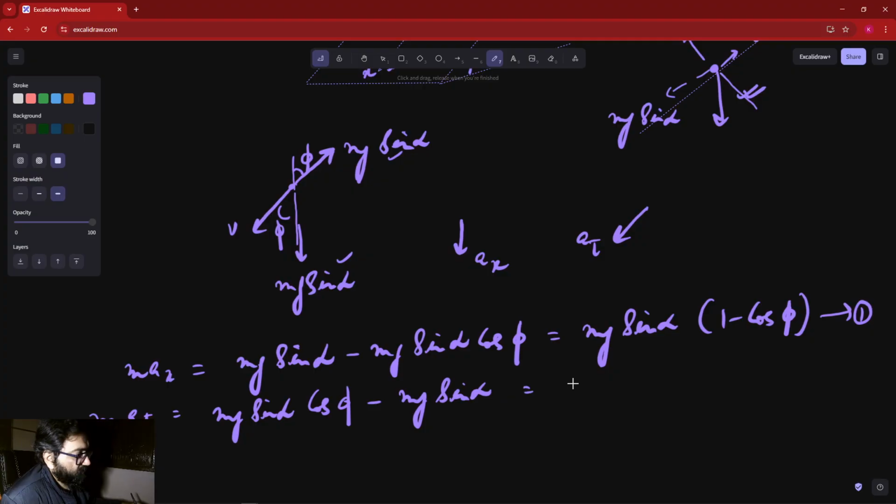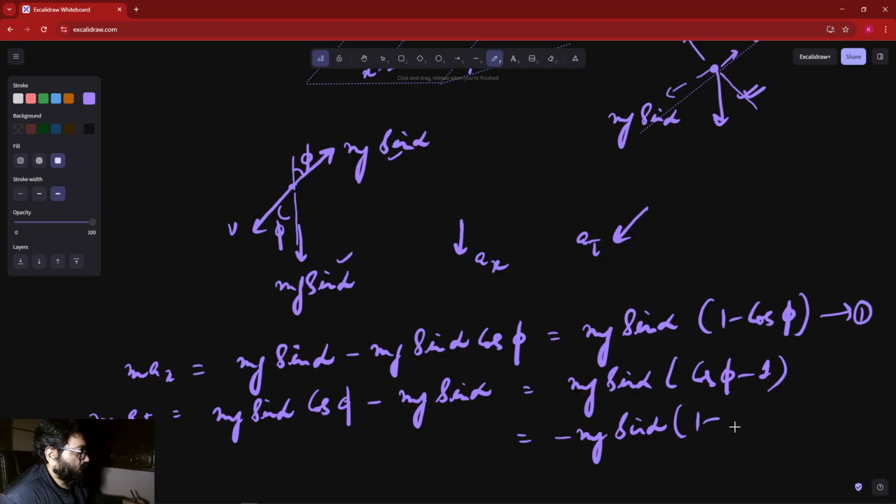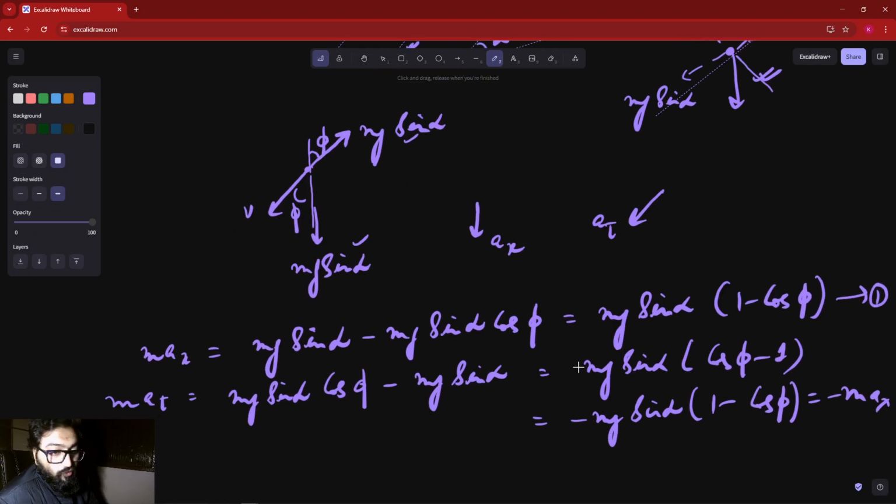So this effectively can be written as mg sine of alpha into cos of phi minus 1, okay. This is nothing else but minus of this, right? This can be written as minus mg sine of alpha into 1 minus cos of phi. This is nothing else but minus m ax. Okay. I hope you are getting this.